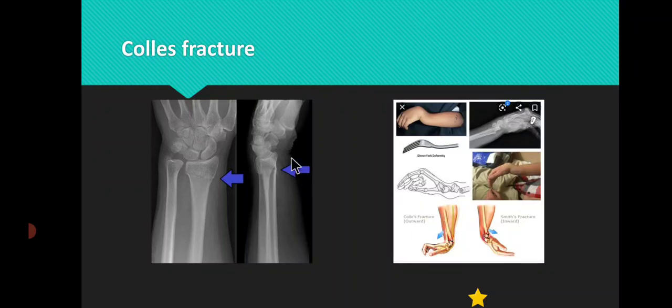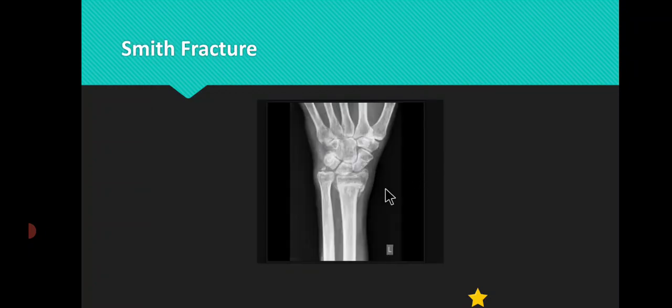If this fracture is not treated properly, then the distal part of the radius malunites, and they develop a deformity called the dinner fork deformity. Then next is the Smith fracture.